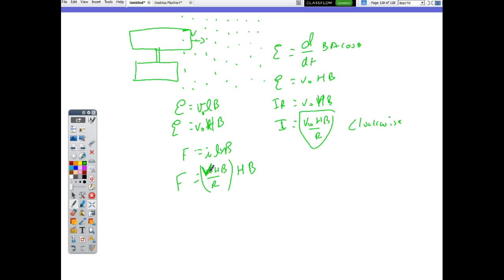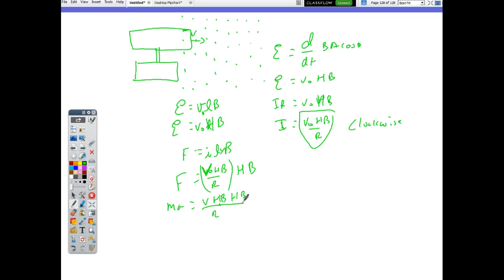So now I want to find, what does it say, distance or velocity? And I want an expression for the velocity of the glider. So now I'm going to start monkeying with my force in this. Agreed? So my force MA is equal to V HB over R times HB, right? Now how am I going to deal with the fact that velocity changes my acceleration?